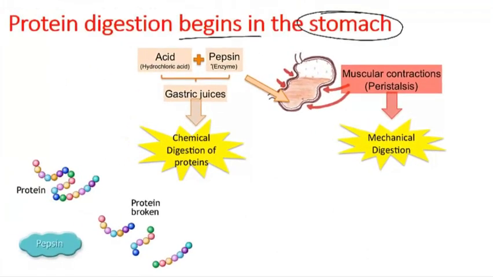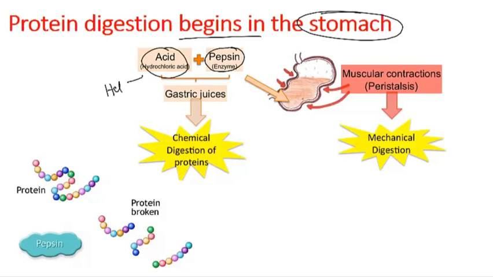The second thing is protein digestion, and protein digestion begins in the stomach. Most of the chemical process of protein digestion occurs in the stomach because the stomach releases acid and another enzyme known as pepsin. Pepsin requires an acidic environment to act and break down protein, which is why the stomach releases hydrochloric acid.